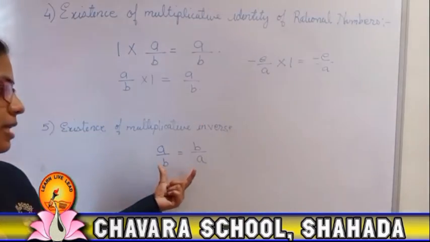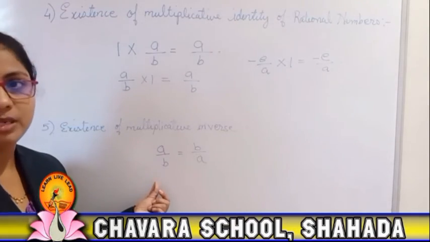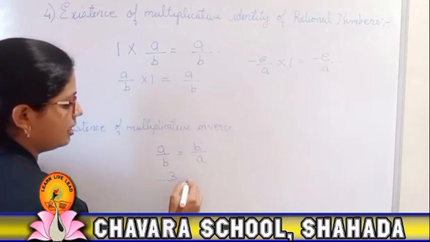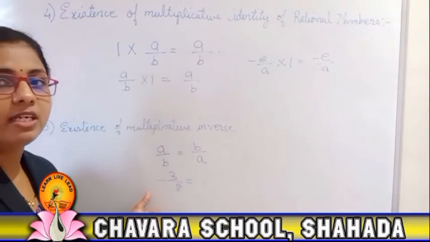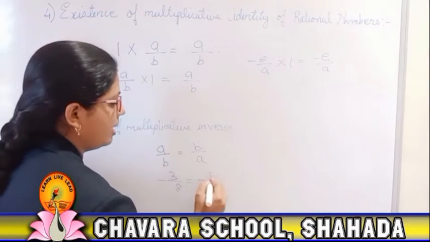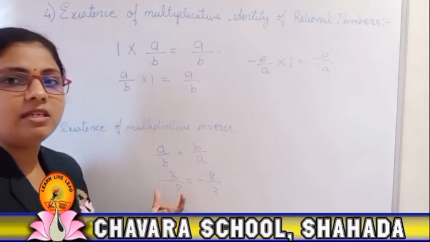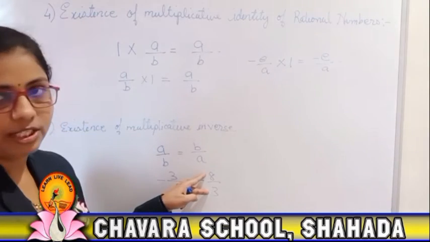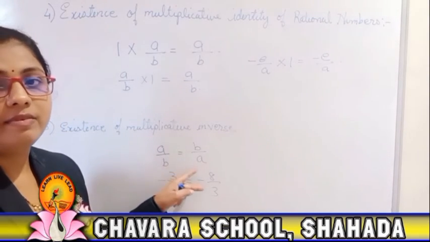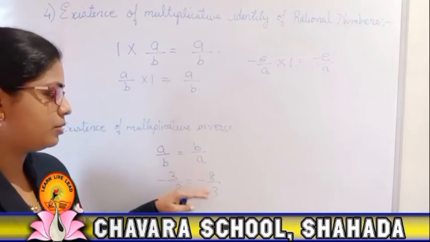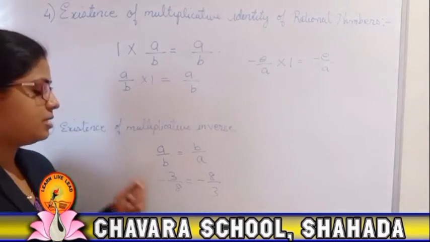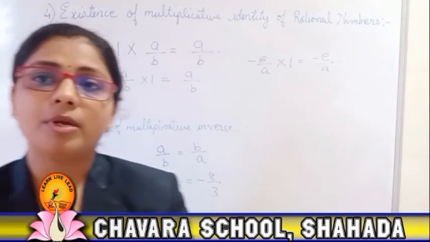It is the multiplicative inverse of a upon b. In the same way, if negative 3 upon 8 is there, then the multiplicative inverse of negative 3 upon 8 will be negative 8 upon 3. The sign remains the same, but this will change. They will be reciprocals, meaning 8 will come to the numerator and 3 will go to the denominator. So this is about the properties of multiplication of rational numbers.